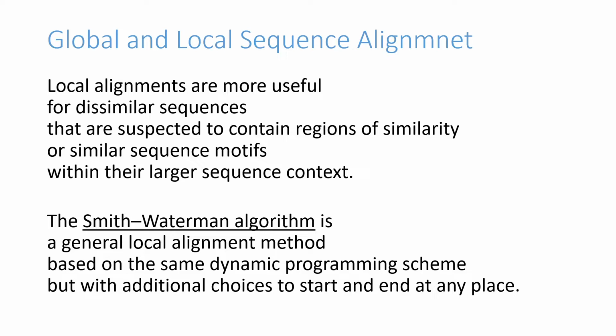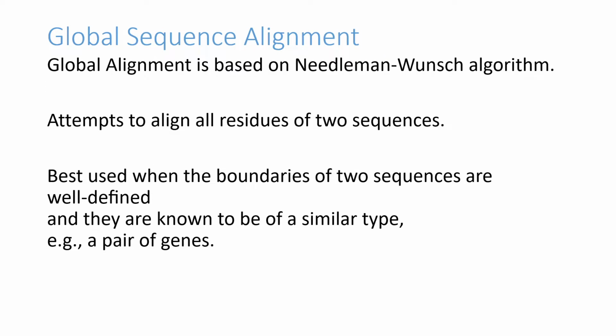It is based on the Smith and Waterman algorithm. We use the same dynamic programming in both cases, but the choices of where to start and where to end differ in global and local sequence alignments. Global alignment we do for sequences in which boundaries are well defined.